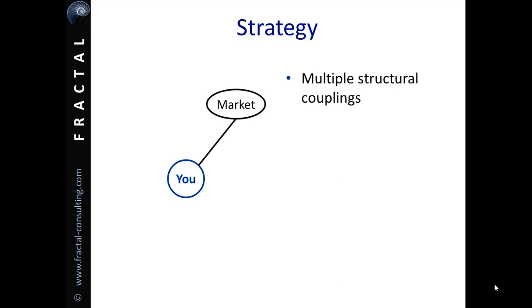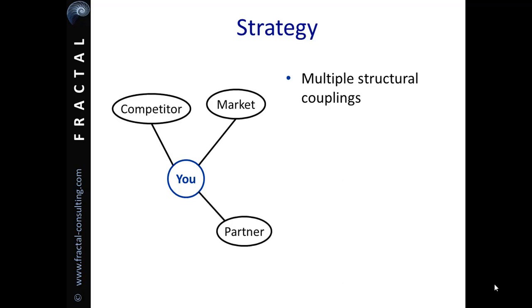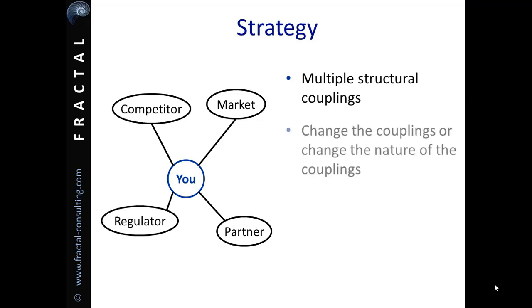Unless you're a startup, you'll have multiple structural couplings with your market, with competitors, with partners, and maybe with a regulator or two as well. So strategy is about managing that set of couplings to your advantage. You can change which couplings you have, add one or remove one, or more usually change the characteristics of the couplings you've got so that they're more to your advantage.